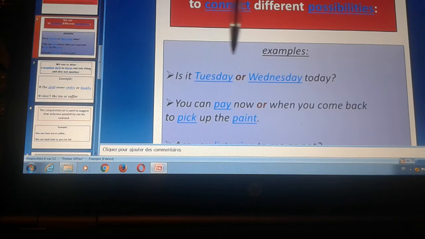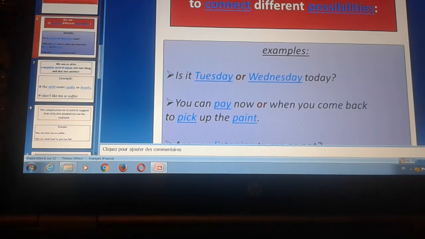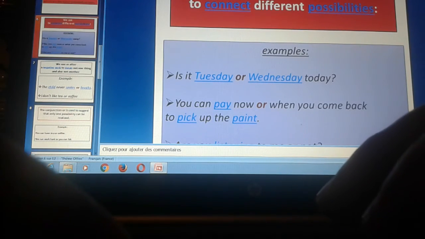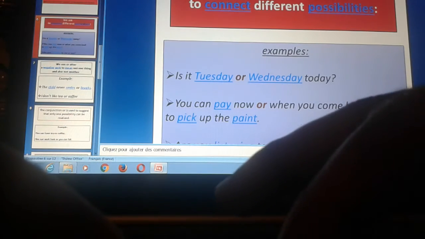Is it Tuesday or Wednesday? Another example: you can pay now or when you come back to pick up the paint. So here also we connect different possibilities.